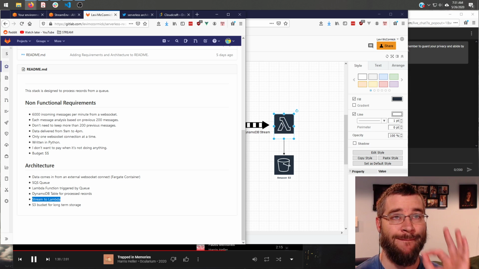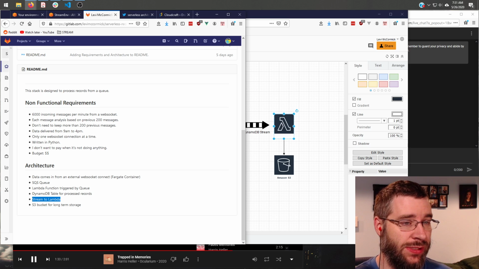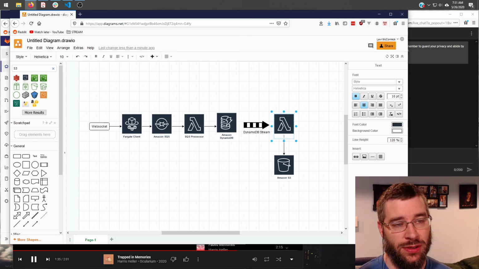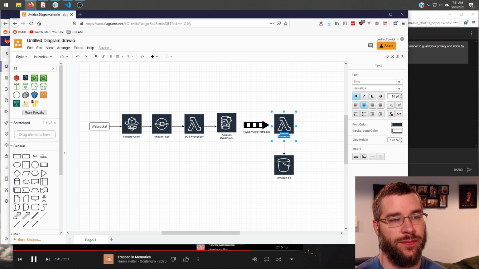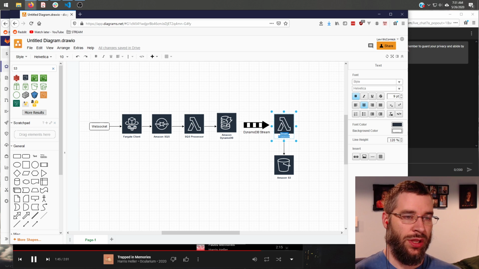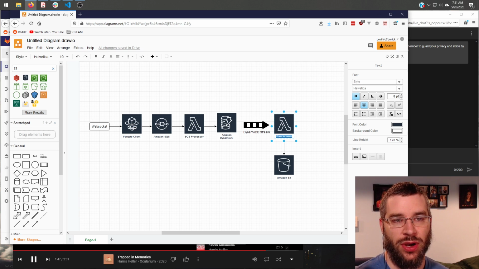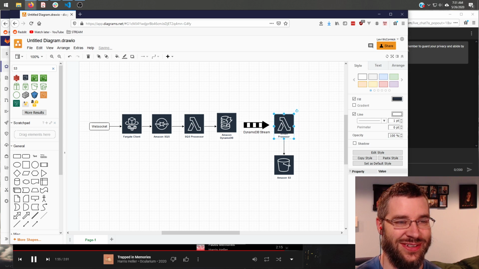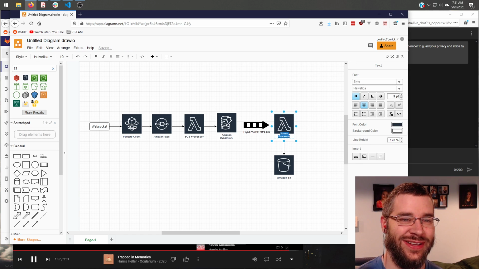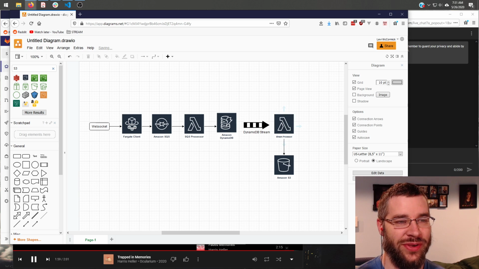Super descriptive. Good job. And then it doesn't fit. Half of the time you spend on your architecture diagrams will just be trying to get things to fit properly into the window. It's not gonna work. No, it doesn't work. Why? Okay, I'm giving up.